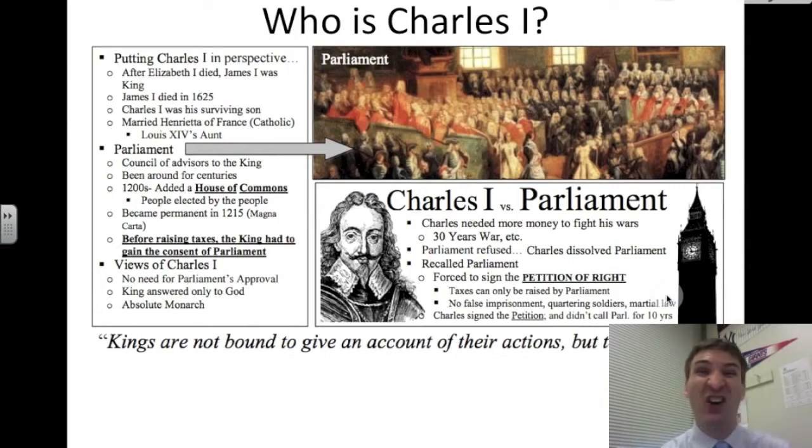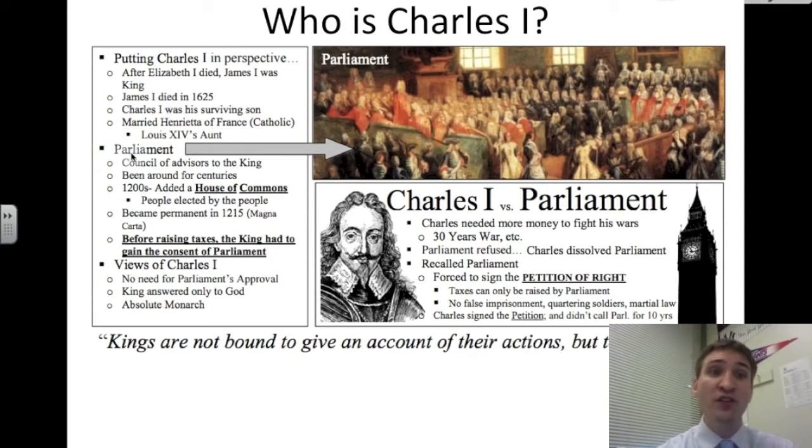Let's give a little background here. Putting Charles I in perspective. We remember in England, Queen Elizabeth I, the daughter of Henry VIII, after she died, James I takes the throne. And when he dies in 1625, Charles I was his surviving son. So Charles I then takes the throne.